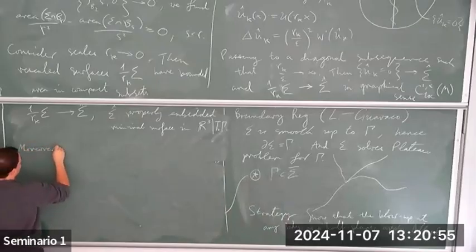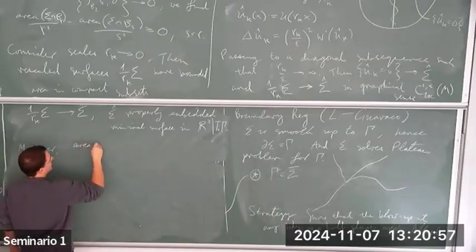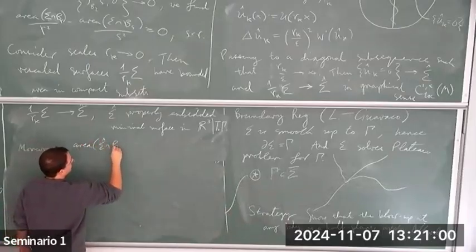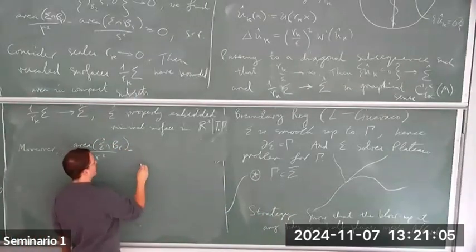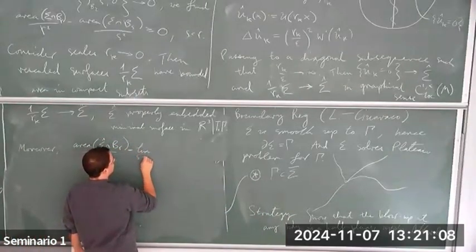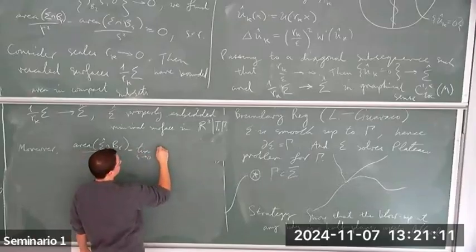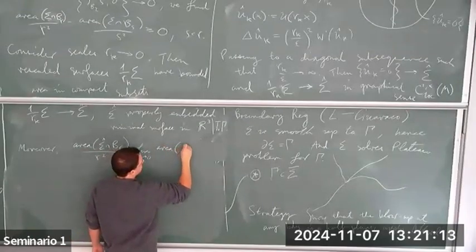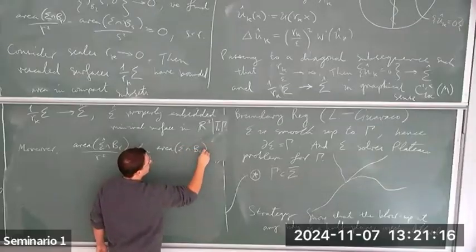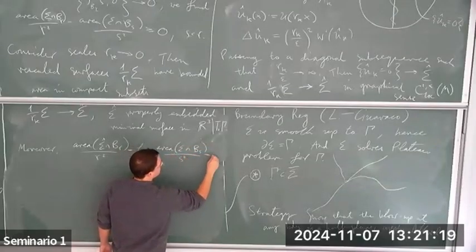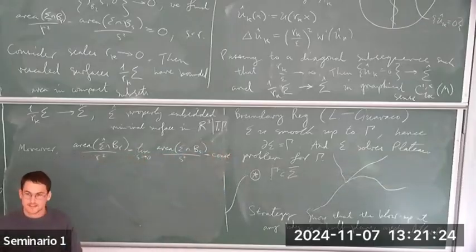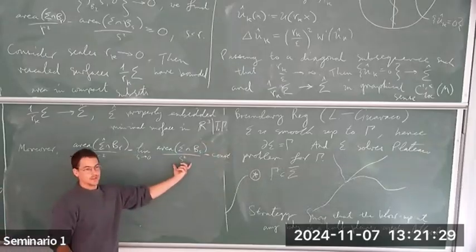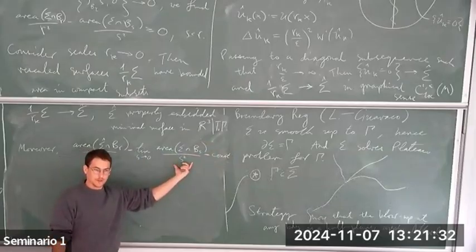If I look at the area of sigma hat in any ball around the origin divided by r squared, this will be equal to the limit as s goes to 0 of the area ratio of the original surface sigma. Of course, it's just some constant. The limit exists because, for the original surface, this is a bounded monotone sequence.